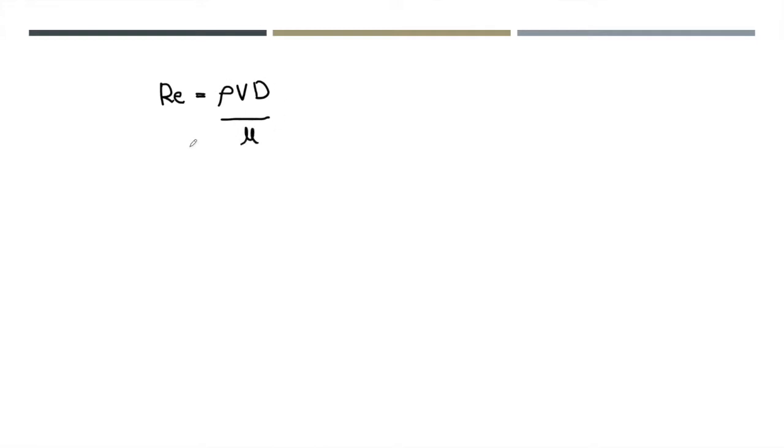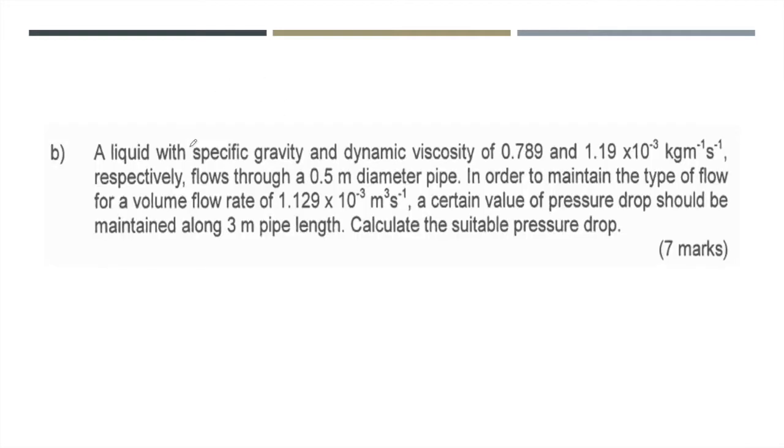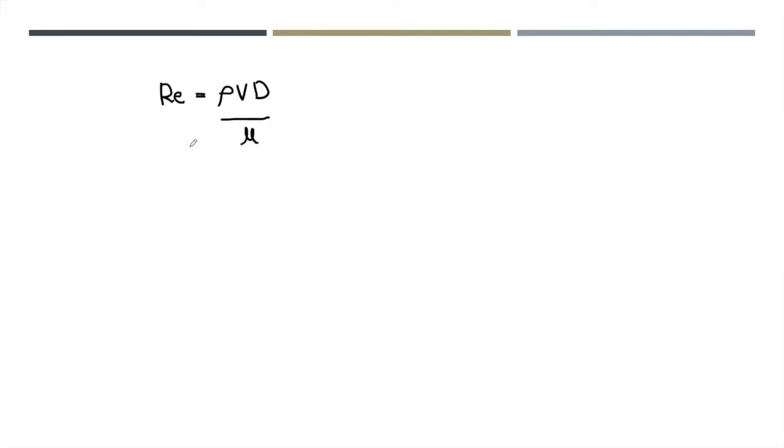In this problem, it states that the dynamic viscosity of the liquid is 1.19 times 10 to the power of minus 3. If the question gives you kinematic viscosity, it is suitable for you to use the Reynolds number with kinematic viscosity equation. But now I will use Reynolds number rho Vd over mu.